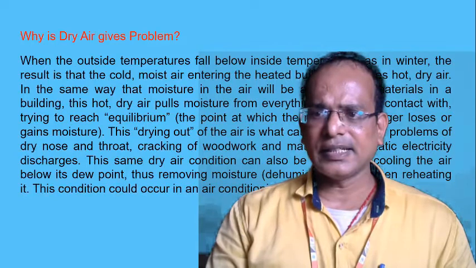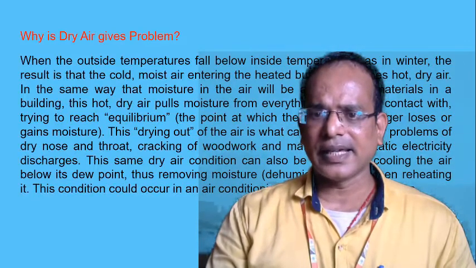And static, it will give static electricity discharges. The same dry air condition can also be caused by cooling the air below its dew point, thus removing the moisture, which is called dehumidifying, and then reheating it. This condition could occur in air conditioning systems or refrigeration.